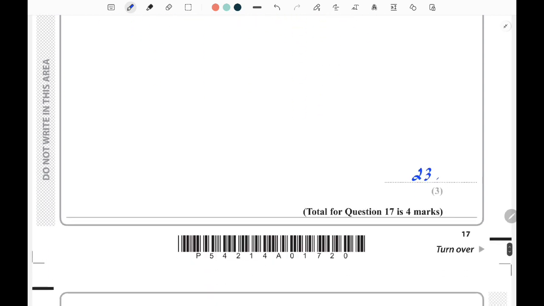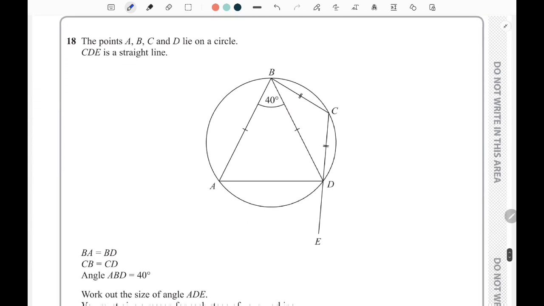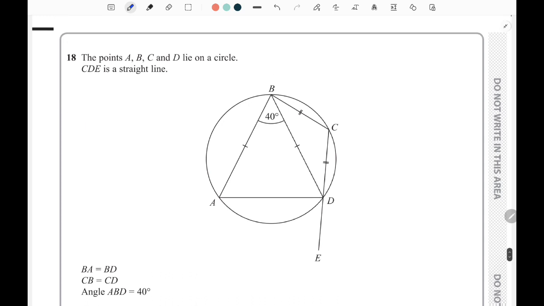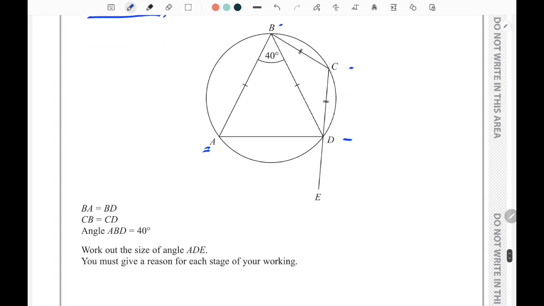All right. Got it. Number 18. Now this one, you've got to be very thorough in the way you do things. So we have the information in the question: A, B, C, D lie on a circle, and they've been joined. Look at that, there and there. And CDE is a straight line, so we note that bit of data there.